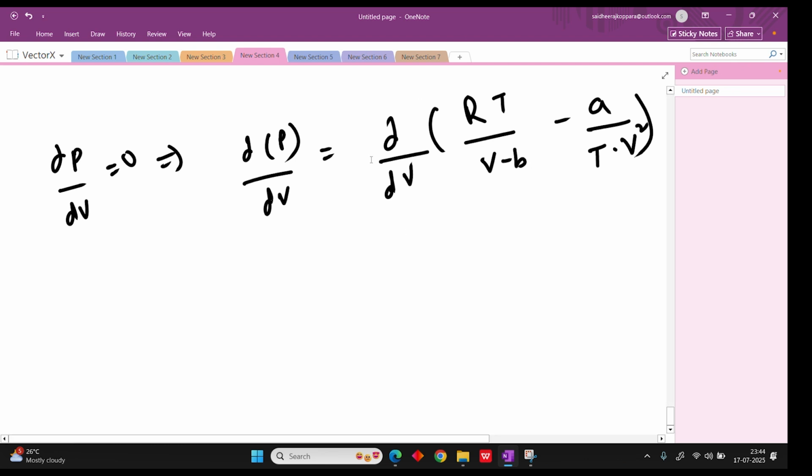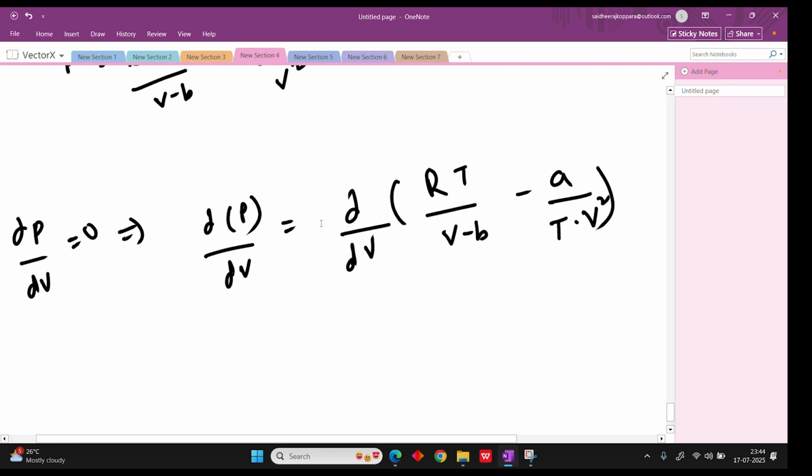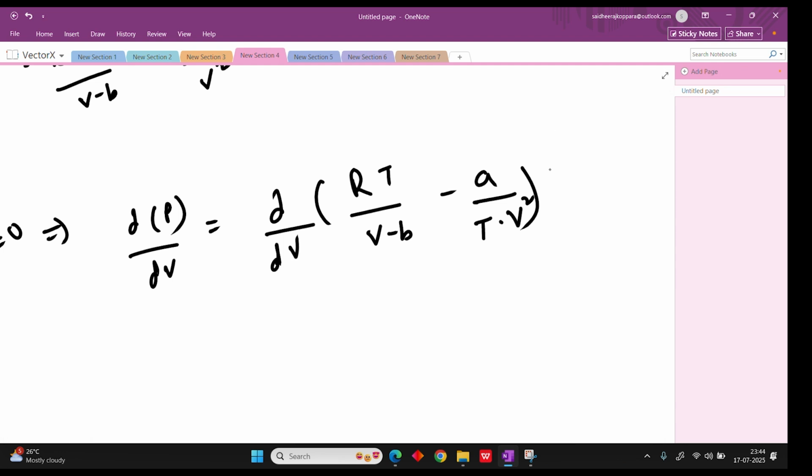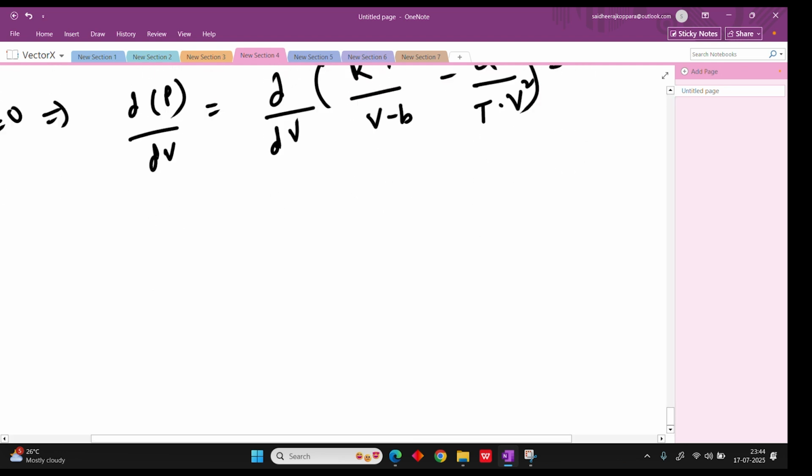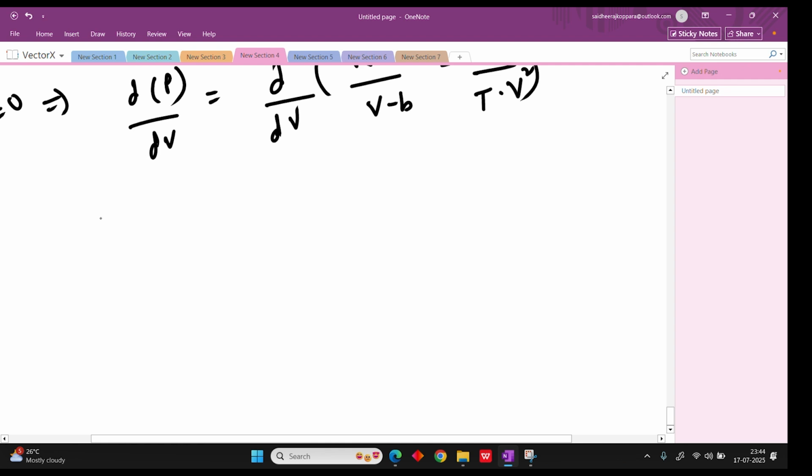Okay. This is what your equation is. And this will be equated to 0 because E is called your point of inflection. Okay. Now, while differentiating this, it's your partial differentiation actually. Okay.